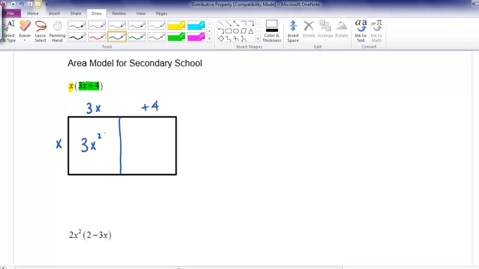And again, the one thing I want to remind you, when you multiply a monomial times a monomial, like I just did there, what we want to remember is this simple statement. We want to put numbers with numbers and letters with letters.